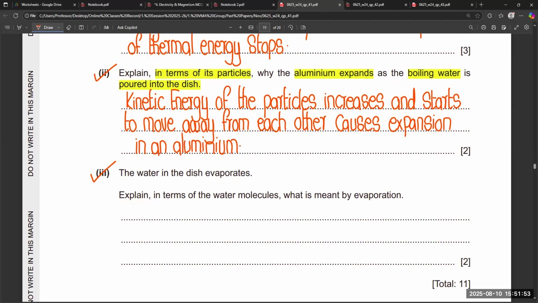The last part of this question is the water in the dish evaporates. Explain in terms of water molecules what is meant by evaporation. So the concept of evaporation is very simple.